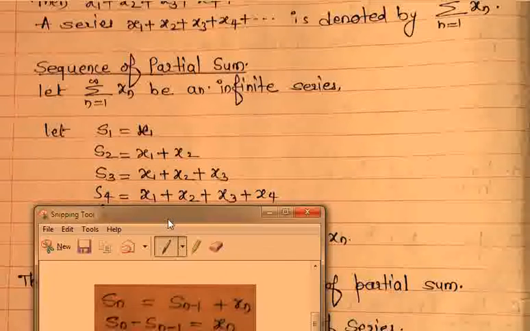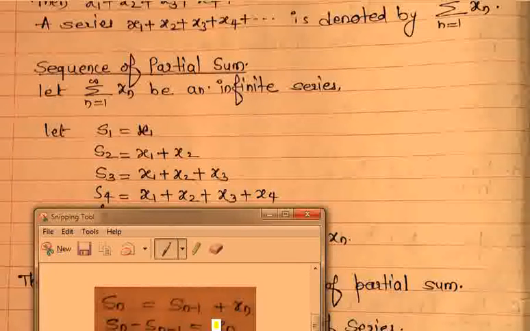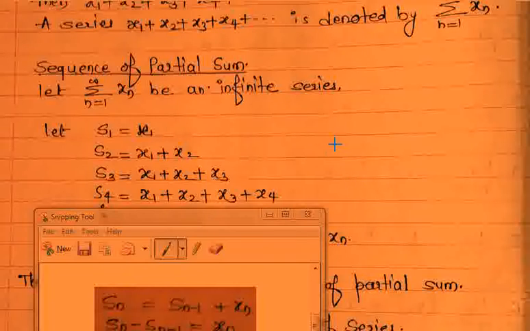So here, if you substitute, S4 is S3 plus X4.